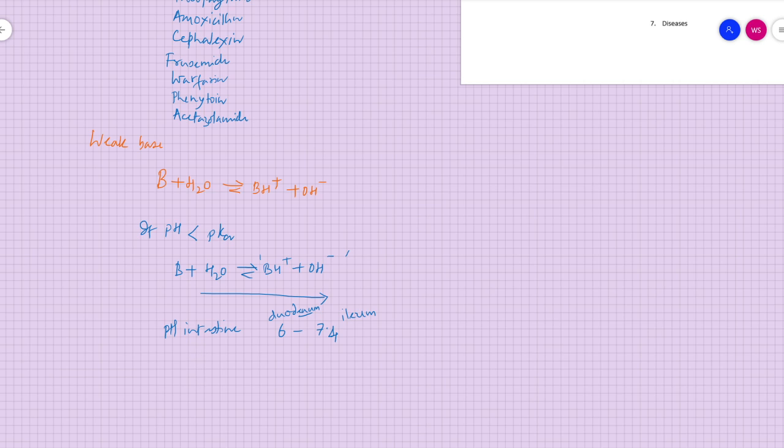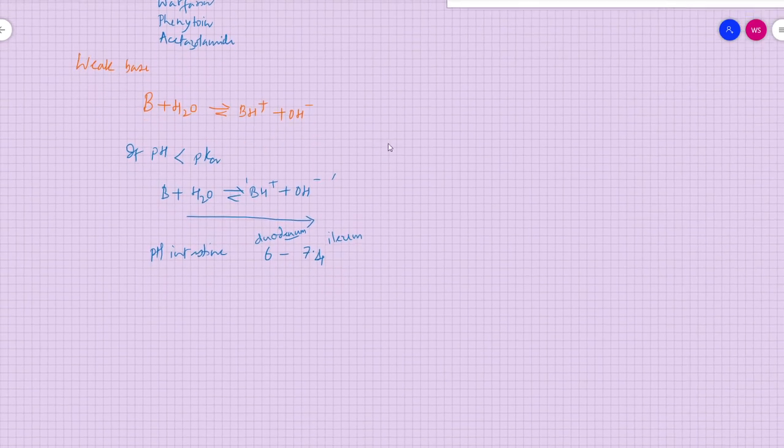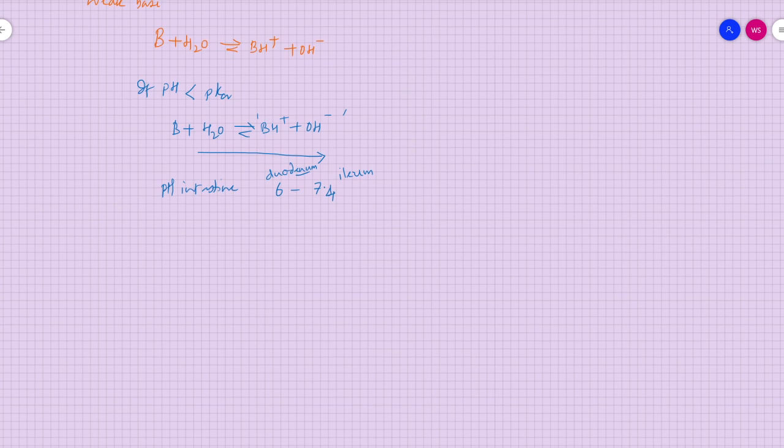Okay. All right. So, what could be examples of weak bases which are important clinically? Let's again list some of those drugs.